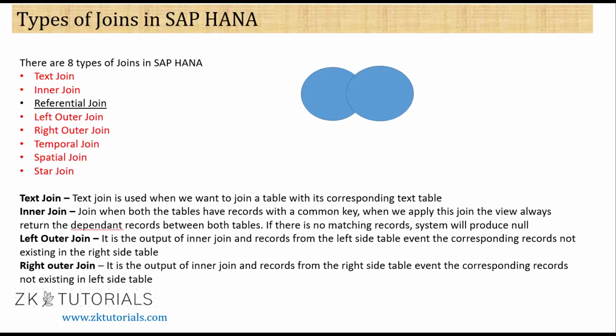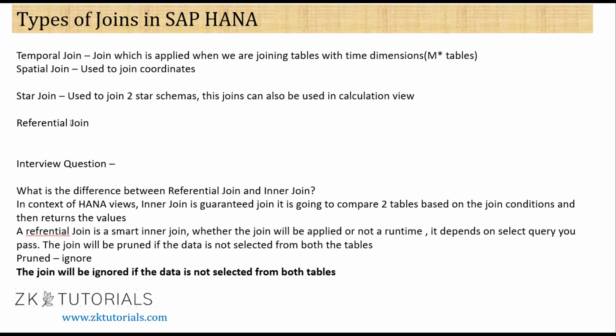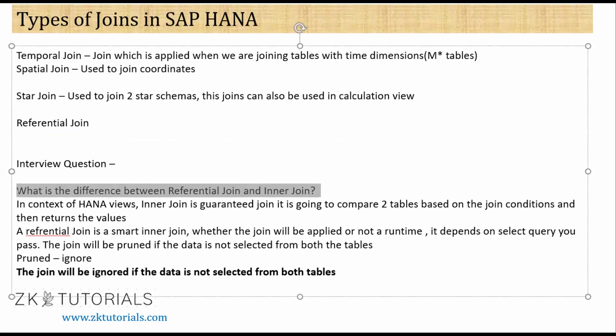We have already discussed the types of joins: text join, inner join, referential join, left outer join, right outer join, temporal join, spatial join, and star join. One important question is: what is the difference between referential join and inner join? In the context of HANA, an inner join is guaranteed, whereas a referential join is not guaranteed.